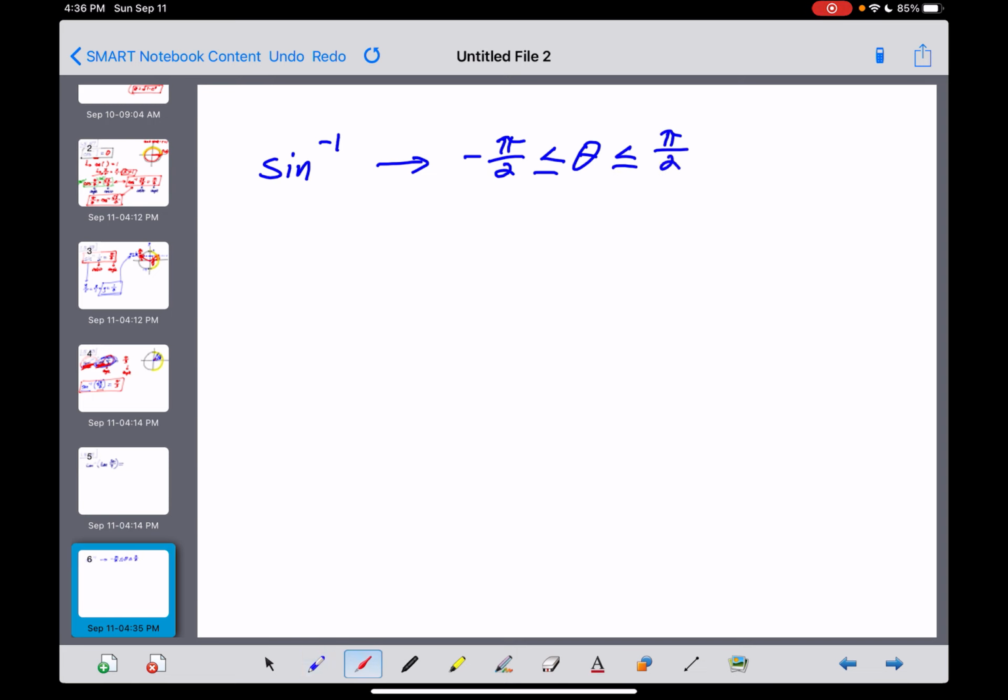Another way to look at it, that means theta can be in quadrant 1 or in quadrant 4. Those are the only two quadrants where the answer to an inverse sine problem can come from.